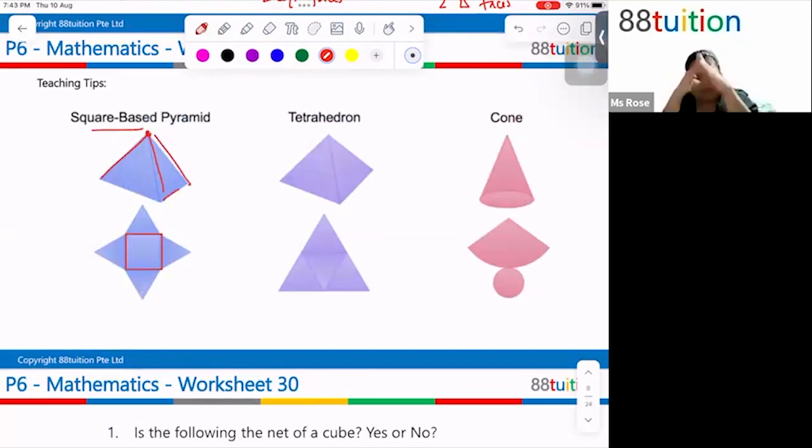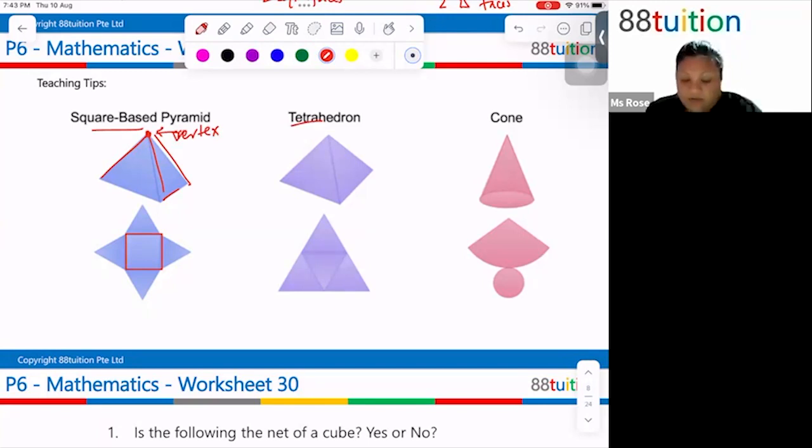This is known as vertex. Okay, all right. Now you also will have a tetrahedron. What is a tetrahedron? Tetrahedron is where the base is an equilateral triangle or a triangle.